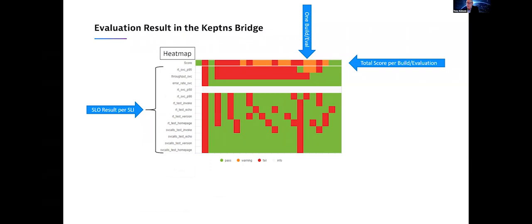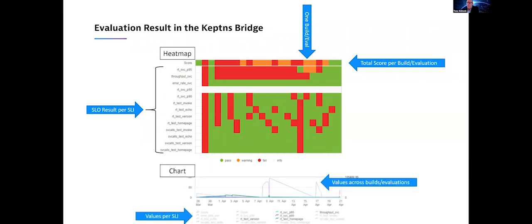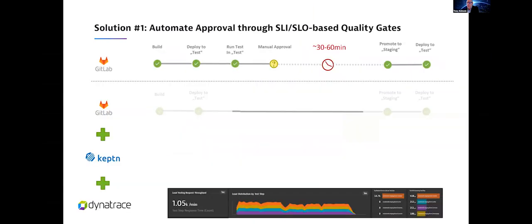You can see that also in graphing. So we have lots of visualizations for you to look at after the tests and evaluation have been done. In this case, we will use a GitLab pipeline together with Keptn and then Dynatrace as the SLI metrics provider.